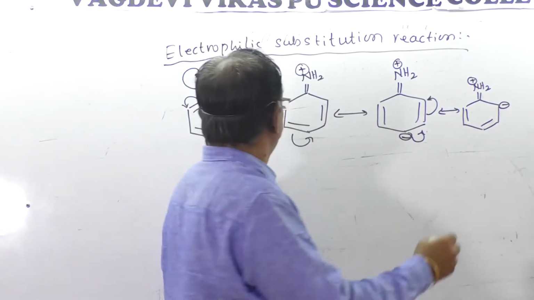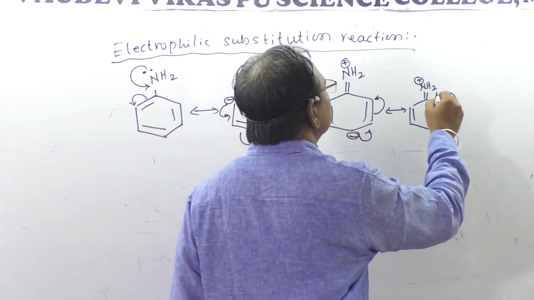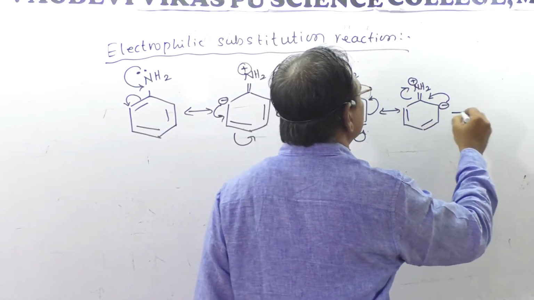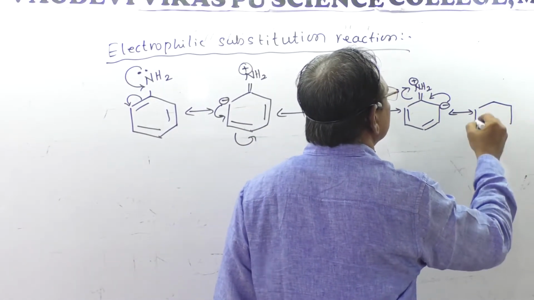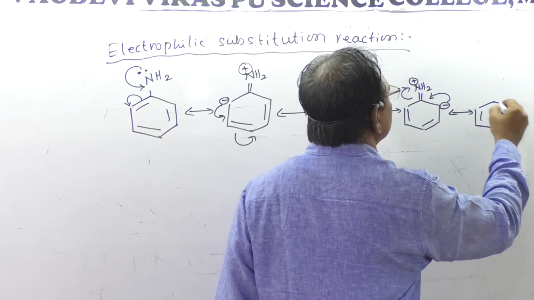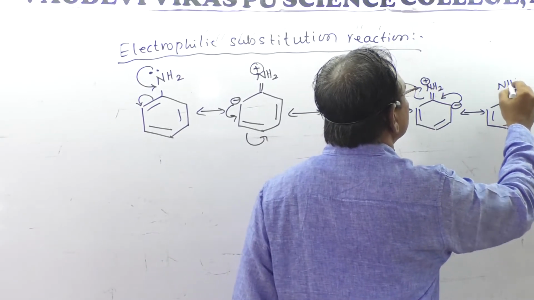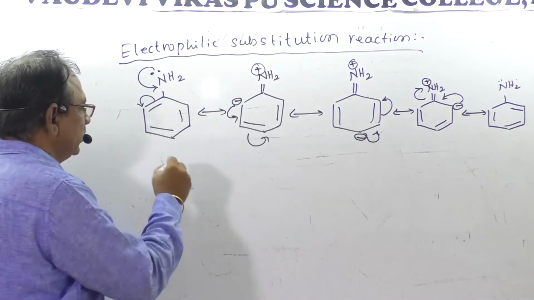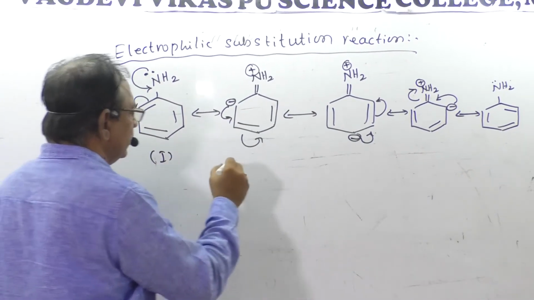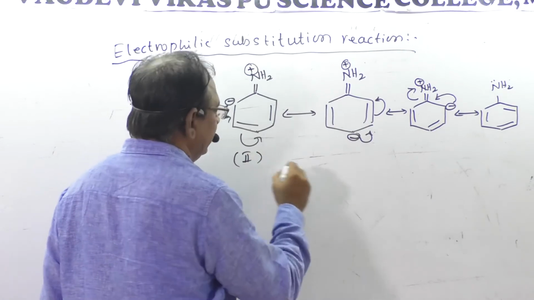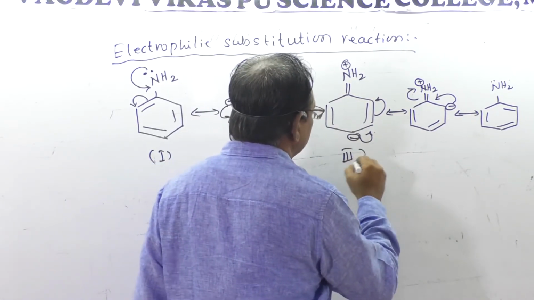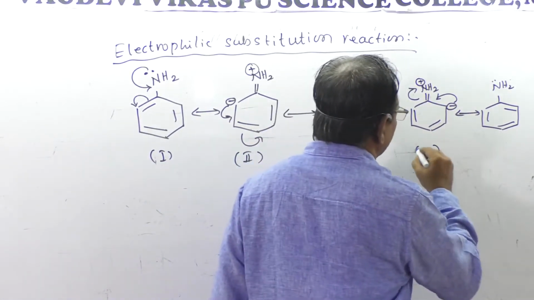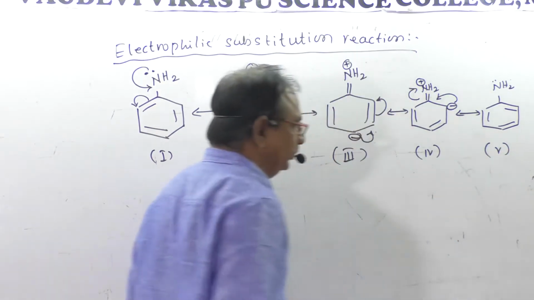Then again, we give numbers to the resonance stabilized structures: first, second, third, fourth and fifth.